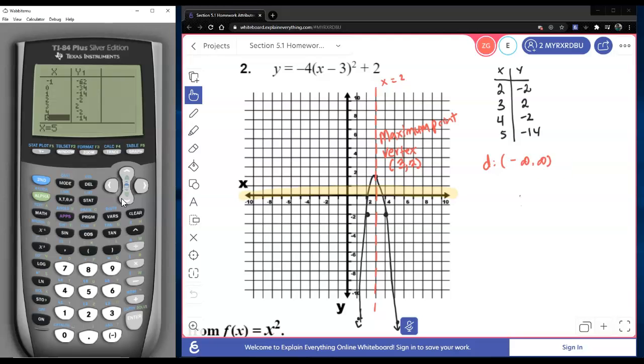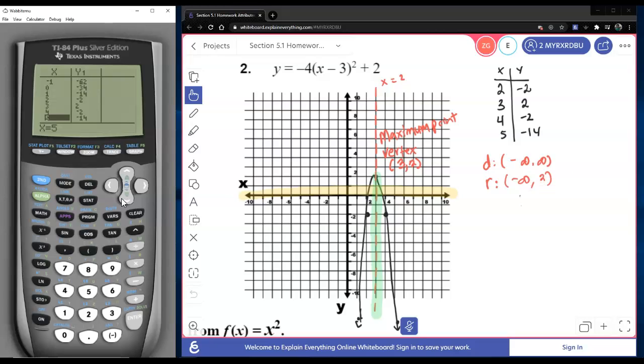The range, on the other hand: the highest y value is 2, and then it goes down all the way to -infinity. So remember, when we're dealing with range or domain, we're dealing with the lowest, the minimum y value. In this case, it's -infinity, and the highest y value is 2.